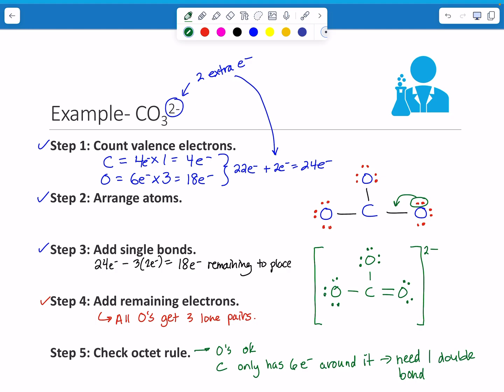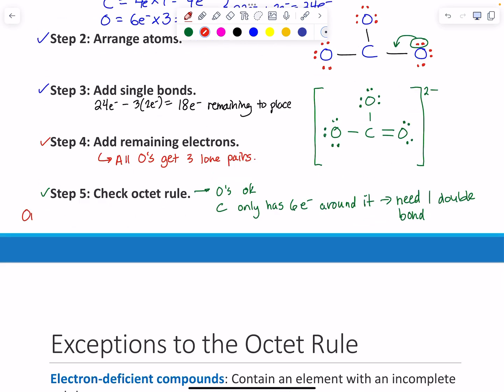One of the things when you're placing the double bonds, an important rule of thumb to remember, is that only a few elements can form double bonds. They would be carbon, nitrogen, oxygen, phosphorus, and sulfur.